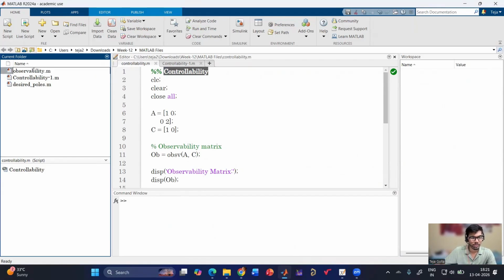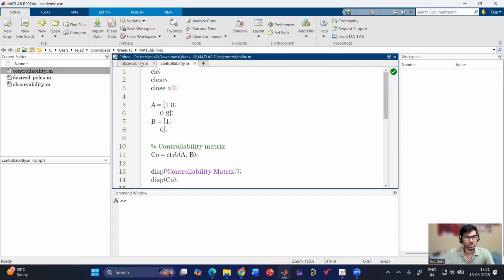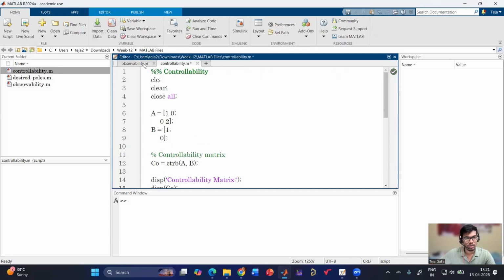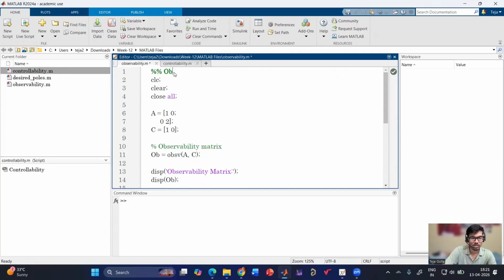Observability, controllability. Okay. And this is observability. Yeah, sorry for that. Observability. Okay.